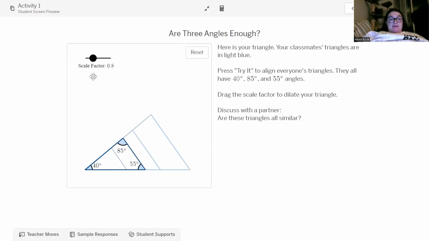Also notice in all of these, my lines are parallel. This side and these other ones are all parallel. And so they're automatically going to be similar triangles. When you have all three angles be the same with a triangle, they will be similar.